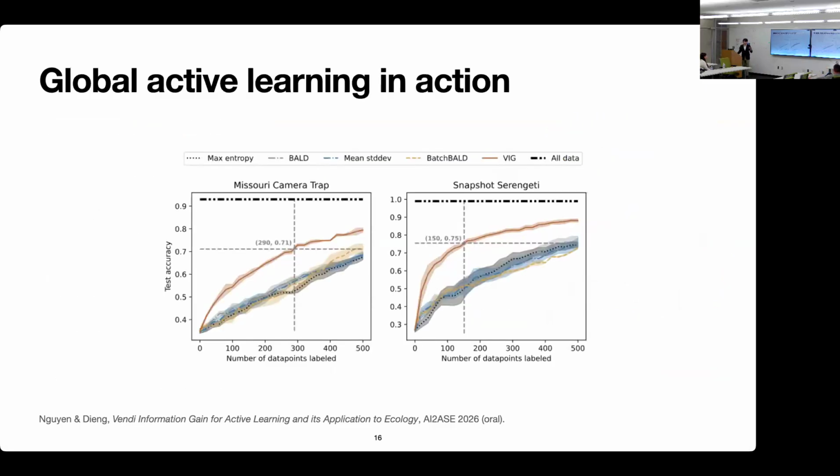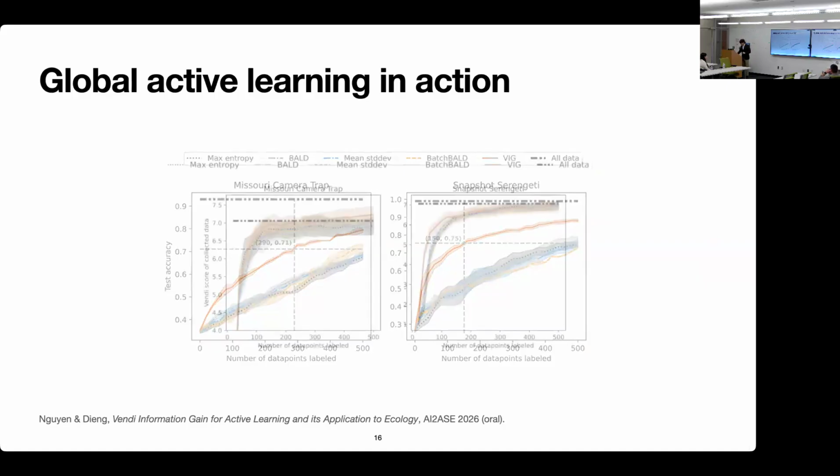And we realized that, thankfully, this global active learning policy is able to lead to better active learning performance in the sense of classification accuracy with a lower number of labeled data points, which is very nice to see.